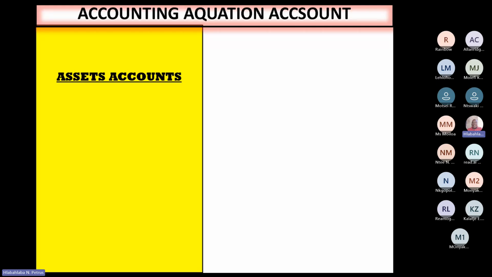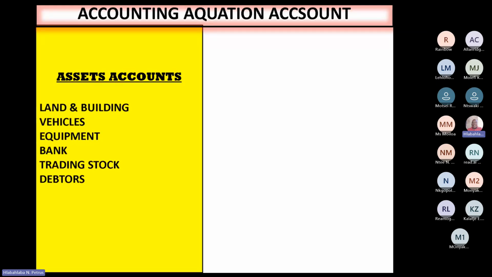The accounting equation accounts. Under the assets account, we have land and building, vehicles, equipment, bank, trading stock, debtors. Mostly important, the one that we are going to deal with is the bank account.